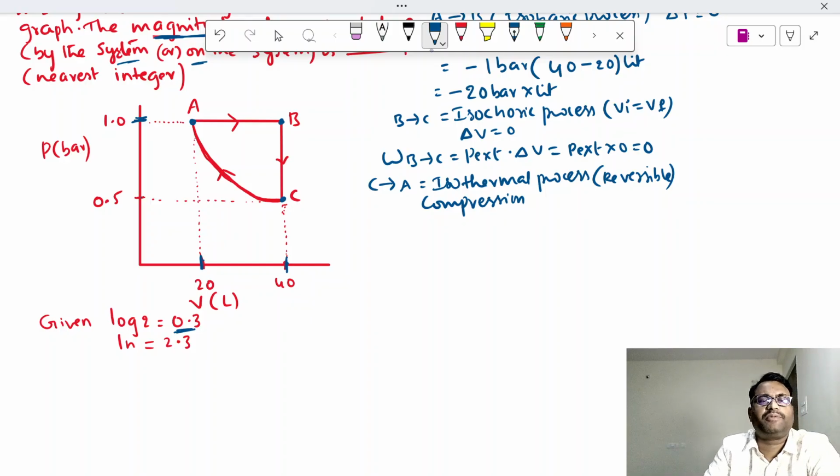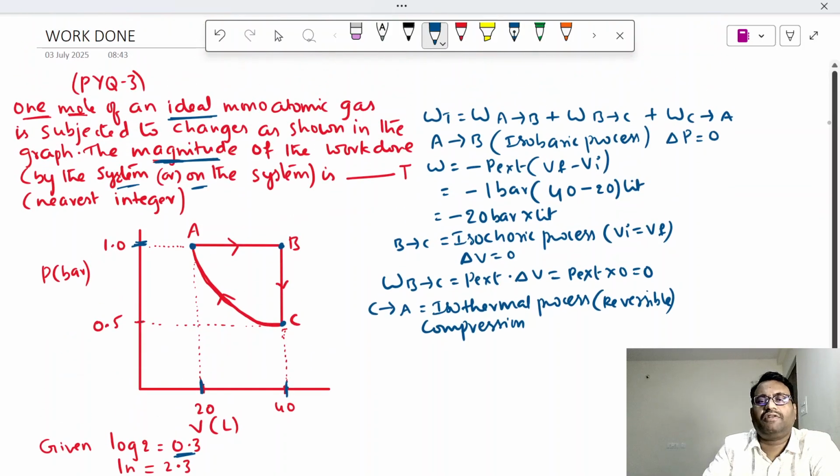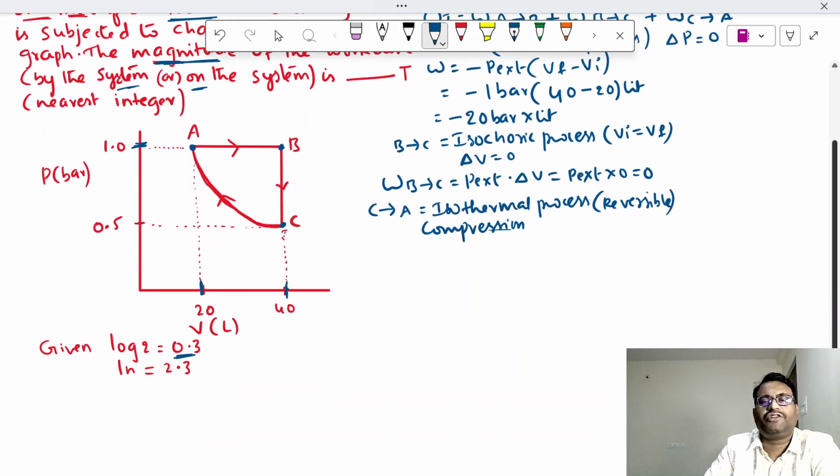But A to B, the isobaric process, is expansion, whereas C to A is compression, right?